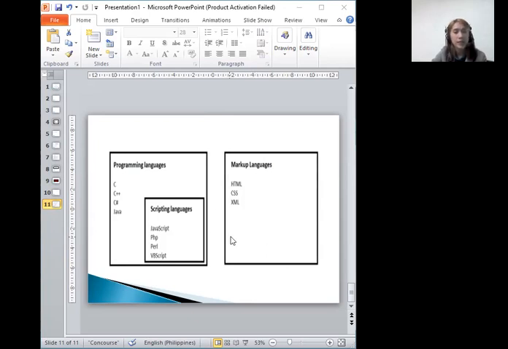For the conclusion, we can say that scripting languages are programming languages because scripting is a subcategory of programming languages. Meaning, JavaScript can be a scripting language or can also be referred to as a programming language, but C cannot be referred to as a scripting language because C is just a programming language. Also, there is no need to compile scripting languages because they are interpreted rather than compiled.